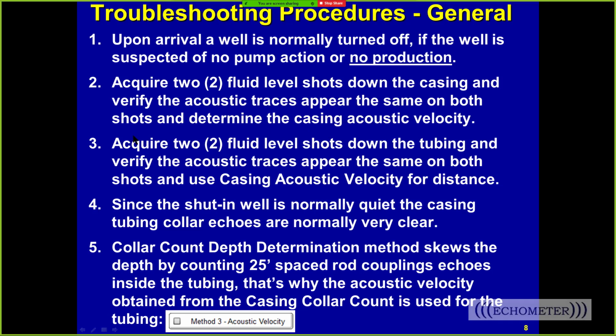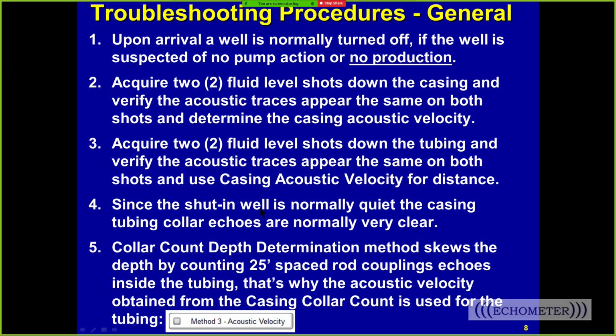And so you're going to now take 2 shots down the tubing, but you're going to use the casing acoustic velocity to determine the distance and not use 25-foot rod length if you have 25-foot rod boxes, because as soon as you change the average joint length to 25, then the casing fluid shots are going to be the wrong depth. So just use, for ease and just to prevent confusion, the casing acoustic velocity when you shoot down the tubing, so you get the accurate distance to the hole, if there's a hole.